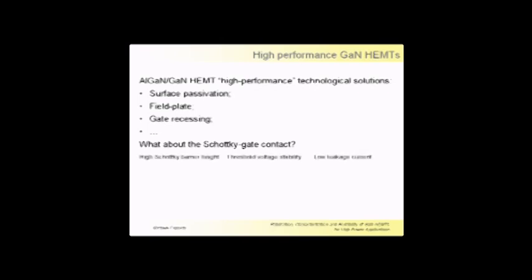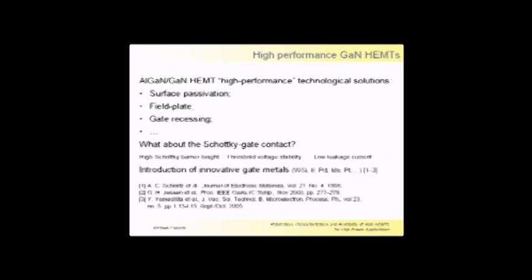Of course, a higher Schottky barrier height, threshold voltage stability, and low leakage current are properties that are needed for an improved GaN HEMT technology.